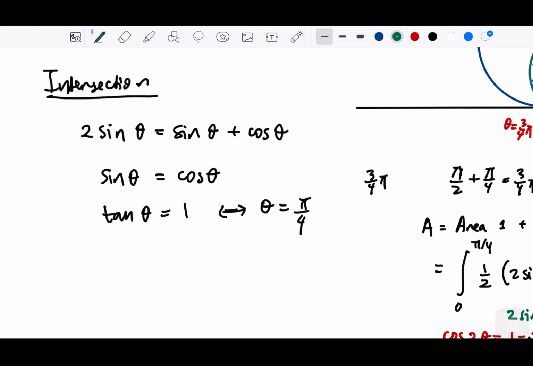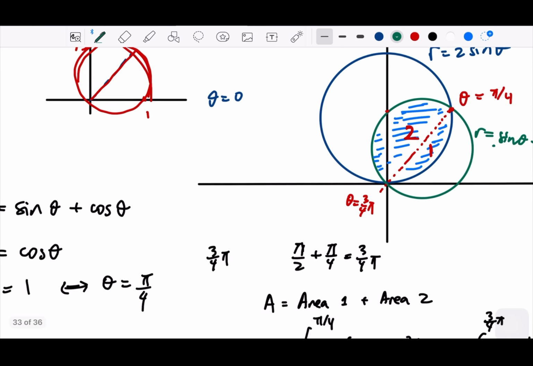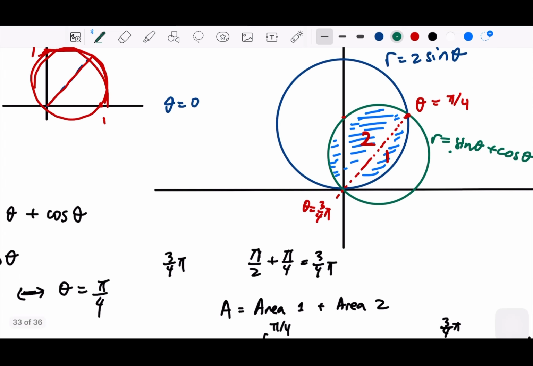But remember, if we move from pi over 4, let's say we move pi over 2, it will be 3 over 4 pi. If you check the tangent at 3 over 4 pi, it will be negative, right? It will be negative because the sine is positive, but the cosine is negative.